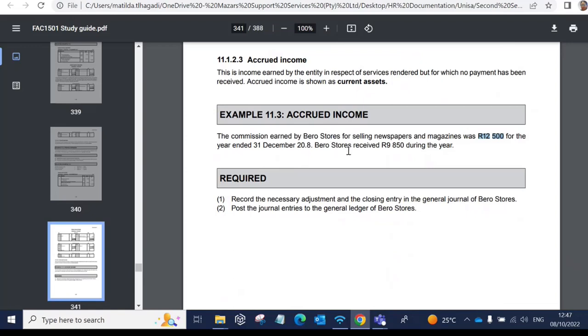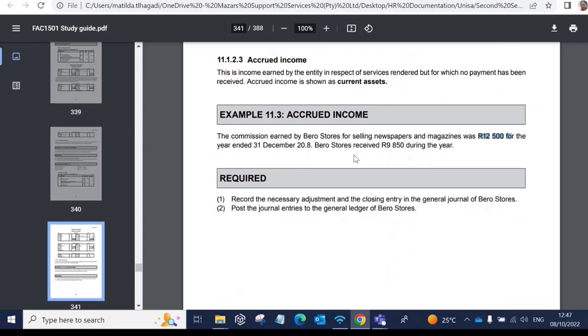So commission earned for selling newspapers was 12,500. Bureau only received 9,850. So how much does Bureau still need to receive? 2,650.